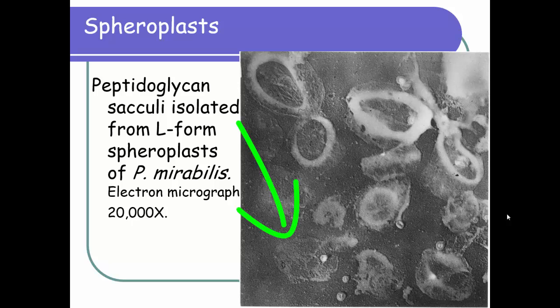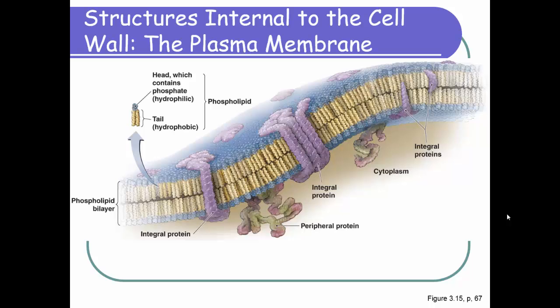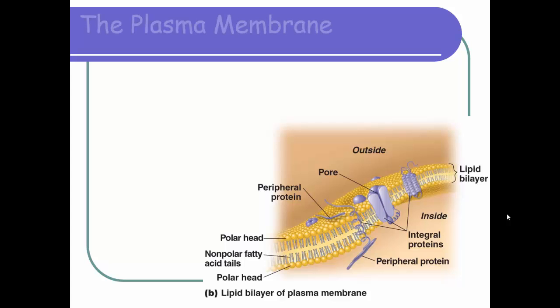This figure shows one of these cells after it has ruptured. Basically, nothing is left. The cell membrane, internal to the cell wall, is made up of a bilayer of phospholipids. This is very similar to the cell membrane of eukaryotic cells. The only differences may be the different types of proteins that we see.